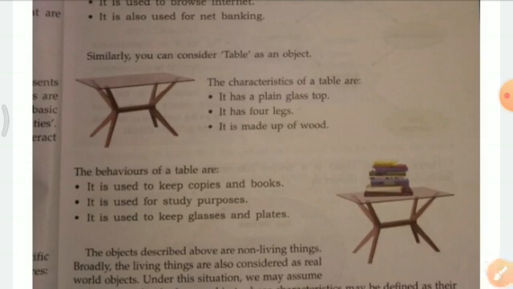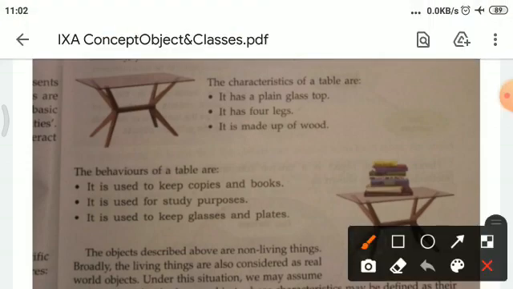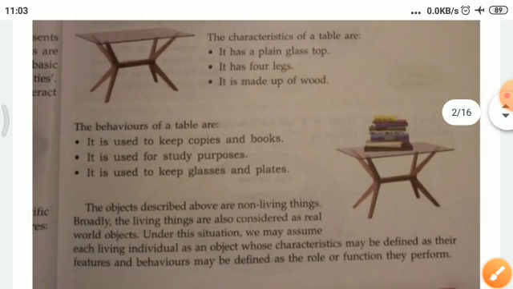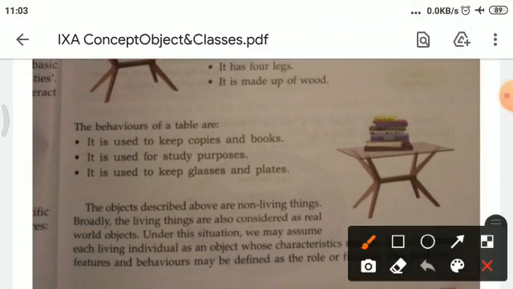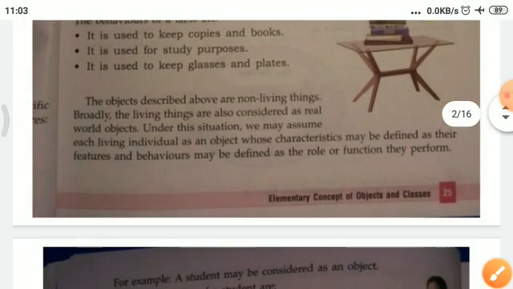Another object is a table, having the characteristics: plain glass top, four legs, and made of boards. And the behavior of a table: it is used to keep copies and books for study purposes, and for keeping glasses and plates also.